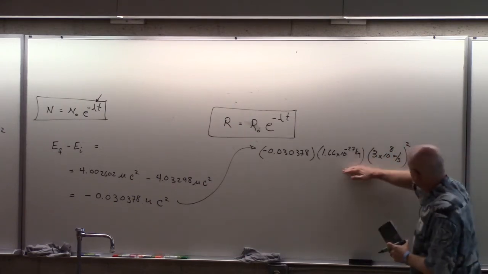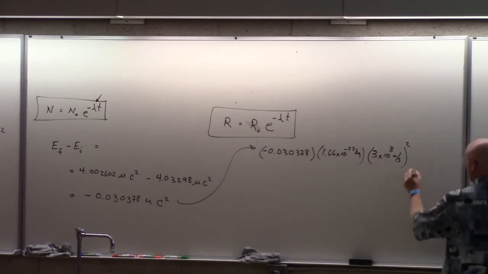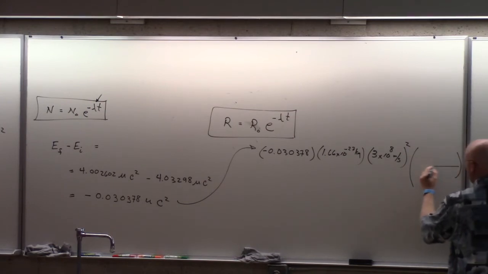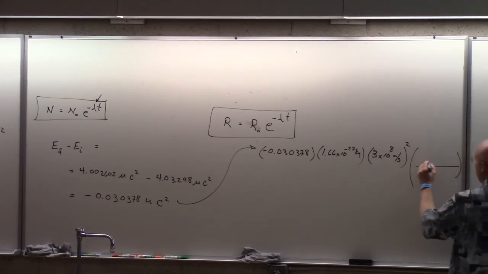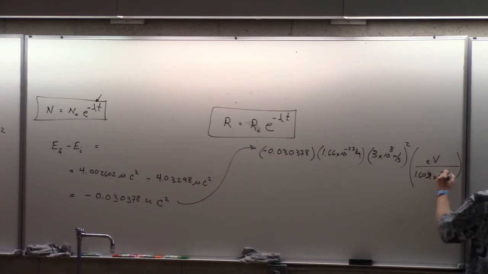And when I do those units, you can see that's in a joule. And so then, to convert it, I'll remind myself that 1 electron volt is 1.602 times 10 to the minus 19 joules.